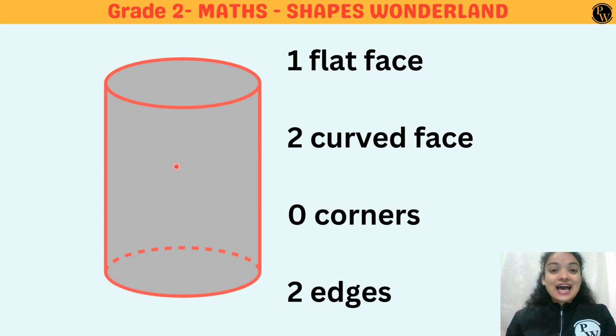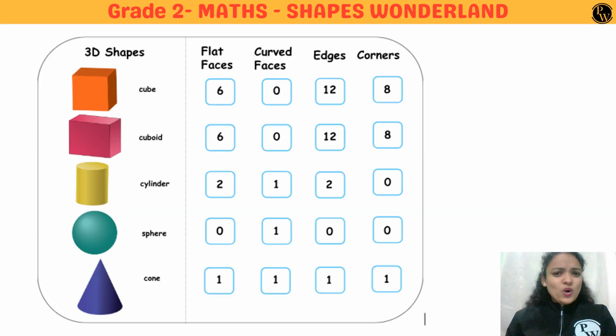The cylinder has a flat face, two curved faces, this one and this one, zero corners and two edges. This is one edge, this is another one, right? Well done. Now have a look at this chart and verify your findings. Okay, you can pause the video and verify your findings here, right?